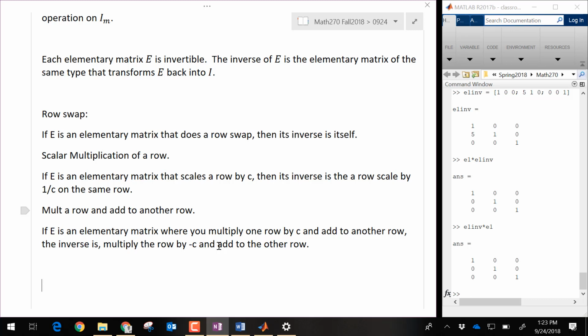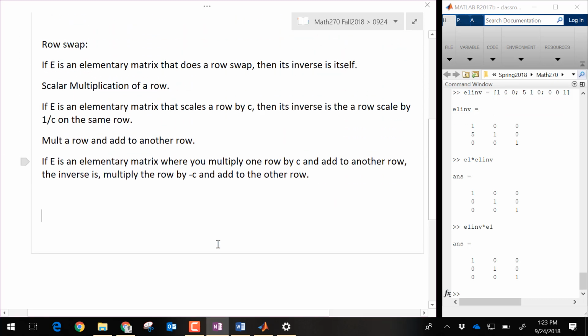So what we've done, I don't know if you've noticed what we've done here. If we multiply the matrix A by enough appropriate elementary matrices, then we can get the identity. Is that correct?